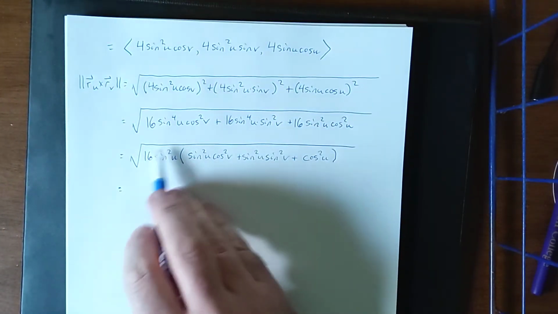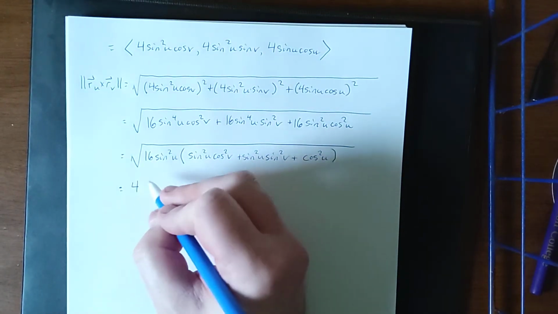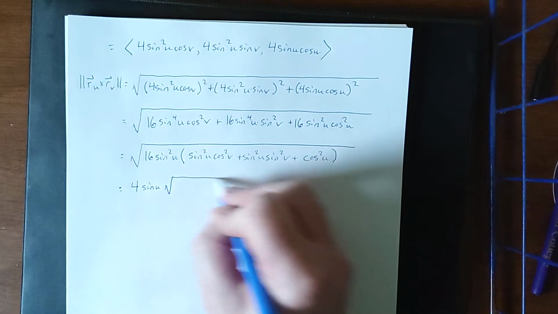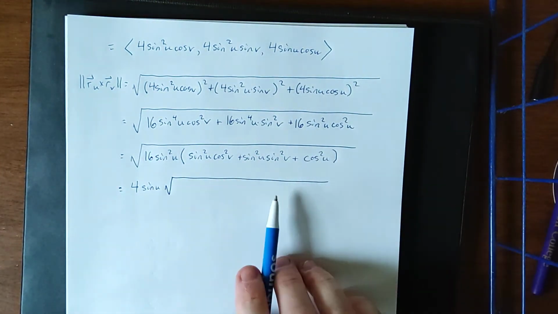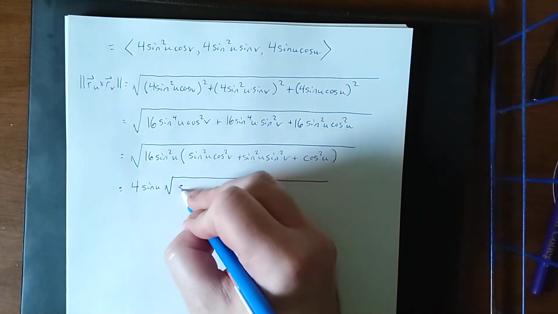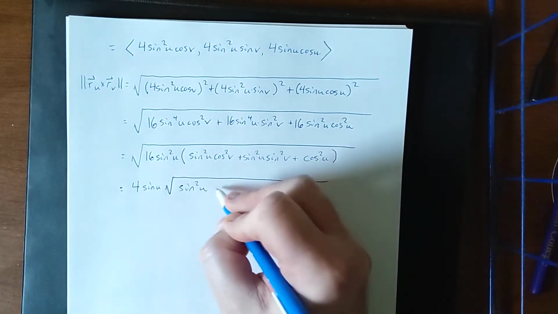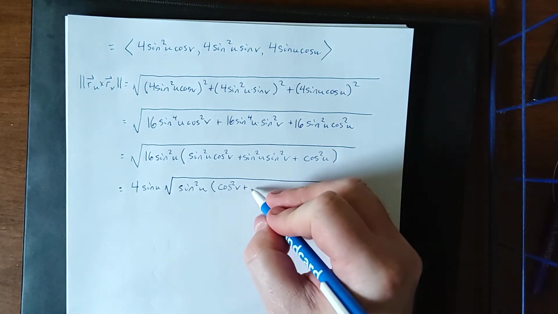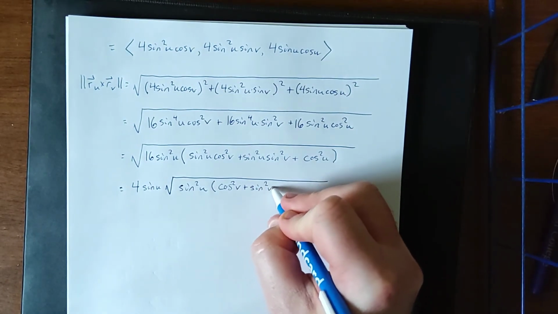I'm actually going to apply the square root to the 16 sine squared of u, call that 4 times the sine of u, and verify that everything left inside the parentheses will be 1. The first two terms have a sine squared of u in common, so I'm going to factor it out. When I factor it out, I'll be left with cosine squared v plus sine squared of v.